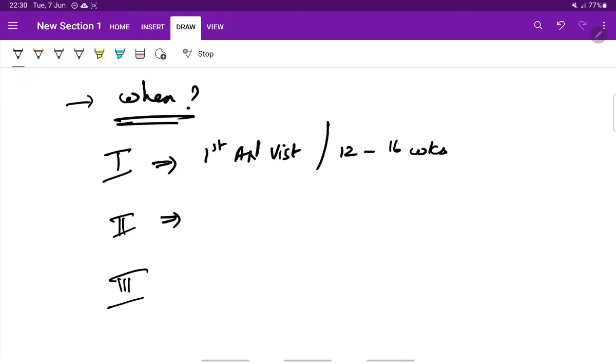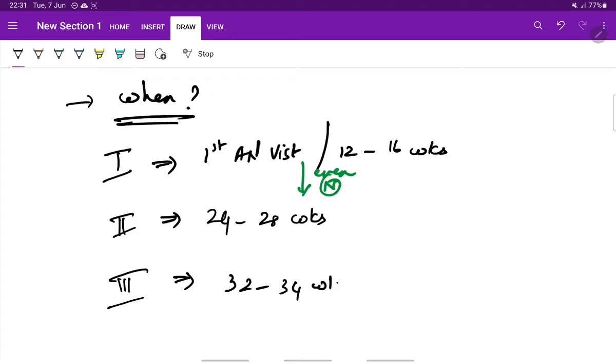The second time the OGCT is repeated in 24 to 28 weeks, even if the first test comes out to be normal. And then the third time the OGCT is repeated in 32 to 34 weeks of gestation, irrespective of the initial test being normal or abnormal.